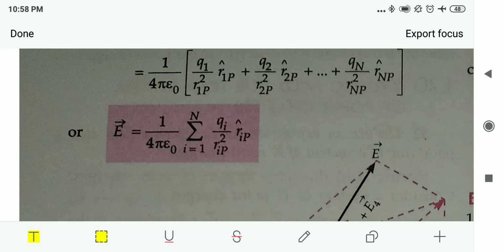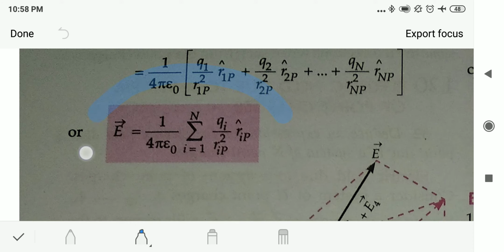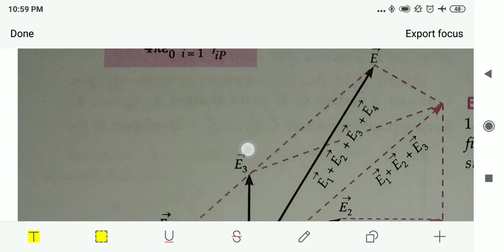So we can write the expression as E equal to 1 upon 4 pi epsilon naught, summation i equal to 1 to n, qi upon r square iP, and r iP is the unit vector we have used. So this is the answer.